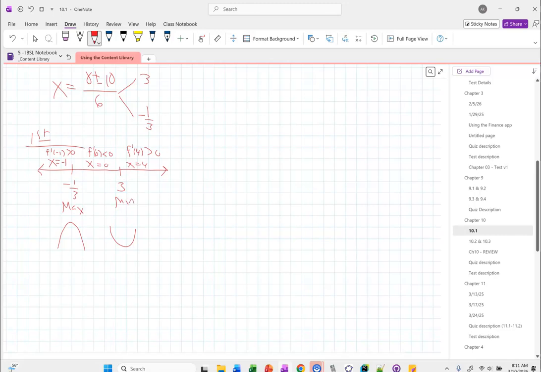Minimum. So there's my first derivative test completed. Notice I didn't have to plug these values for x back into the function because it did not ask for the y coordinate. It just asked for the x coordinate, didn't ask for a coordinate pair.